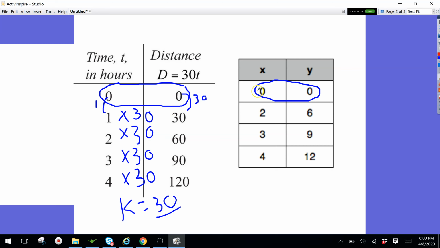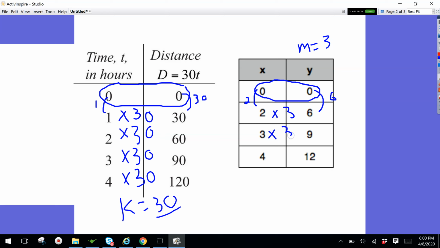So again, here we're going through the origin. So there's no y-intercept where I'm adding something. If I notice here, I'm going up 6 over 2. So my slope here is 3. So basically, all I have to do to get from my x to my y is multiply by 3.